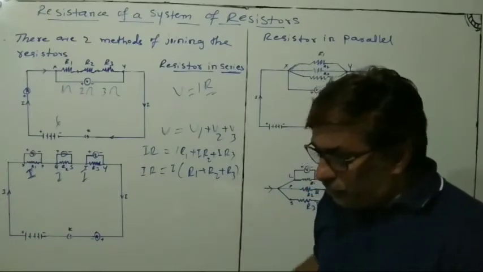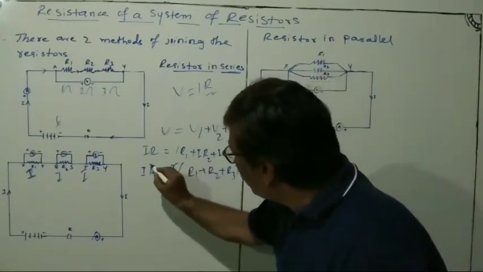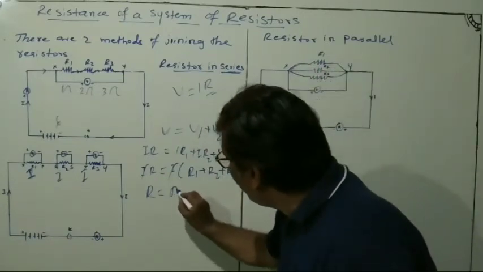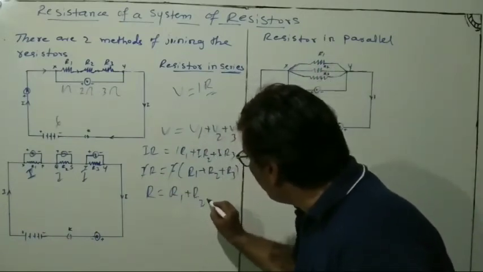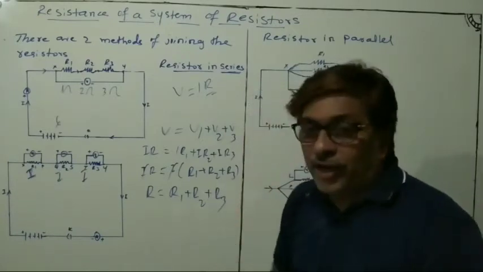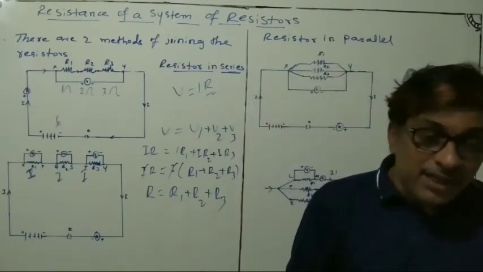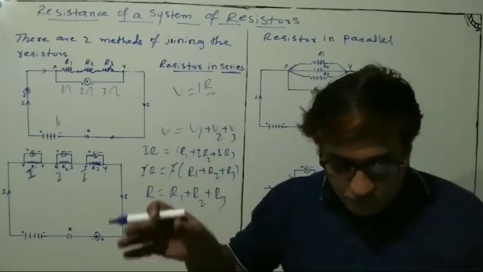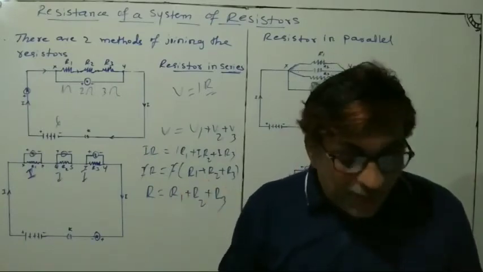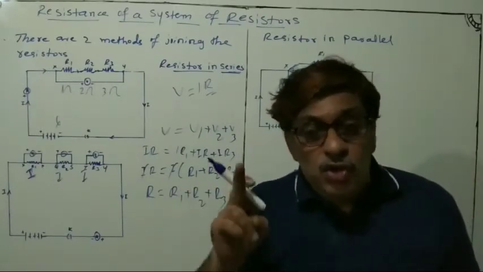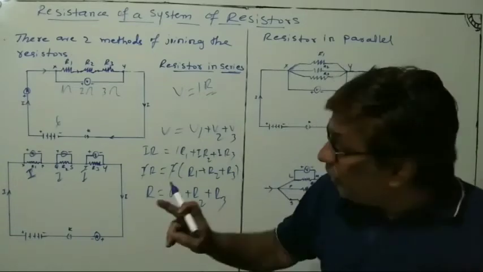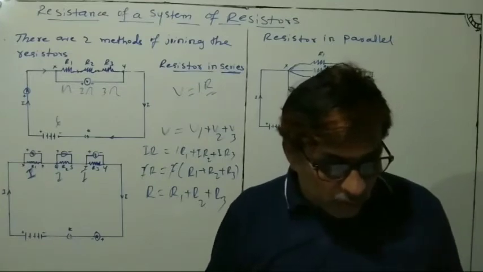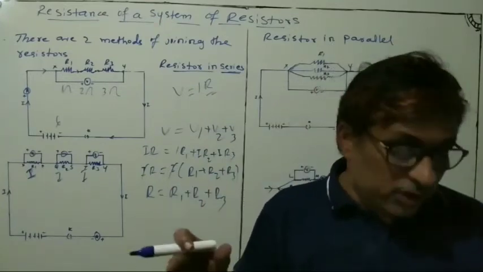Now the I on both sides is the same, so R is equal to R1 plus R2 plus R3. So for three resistors in series, the current will be the same and the potential difference will be different, but V is equal to V1 plus V2 plus V3.